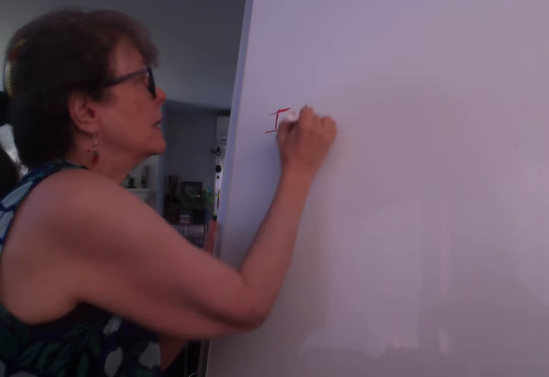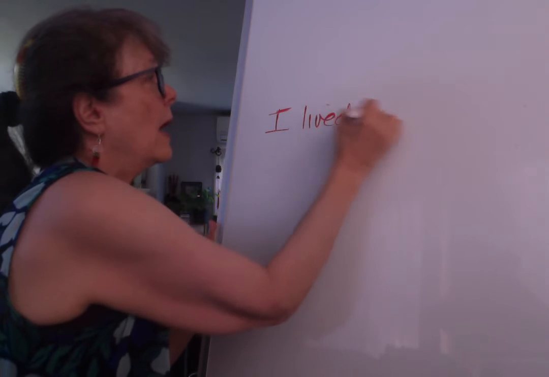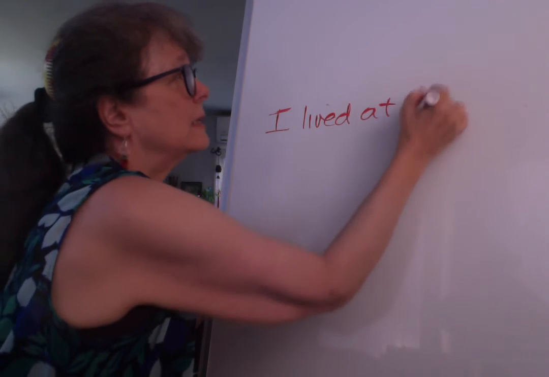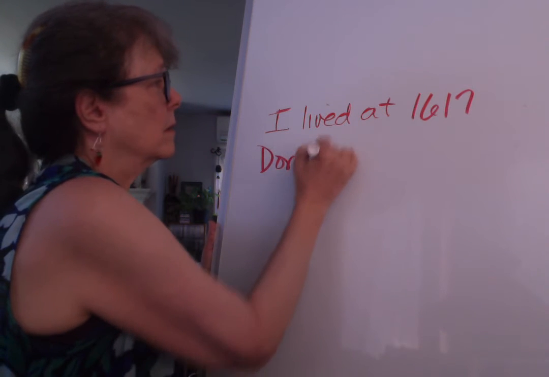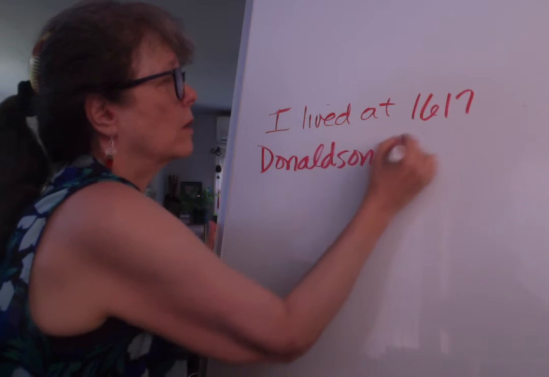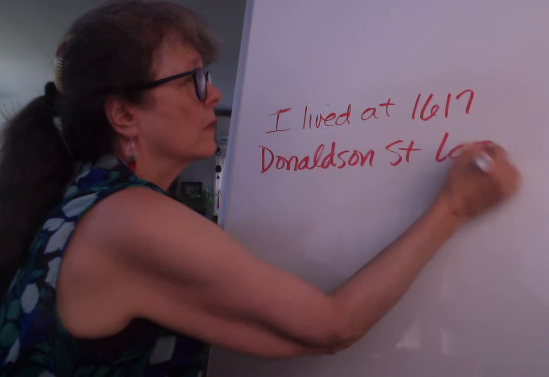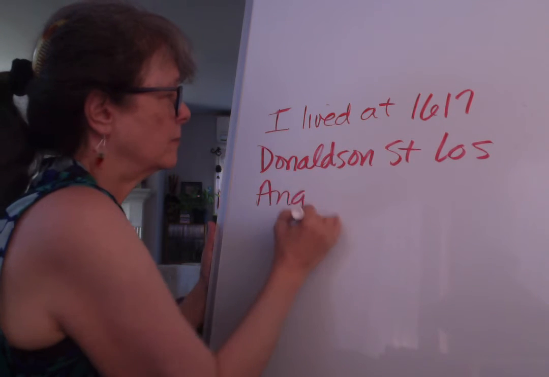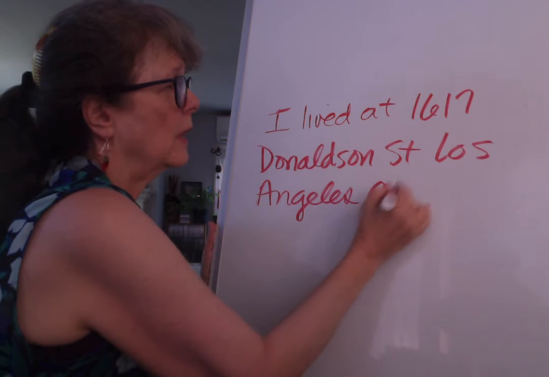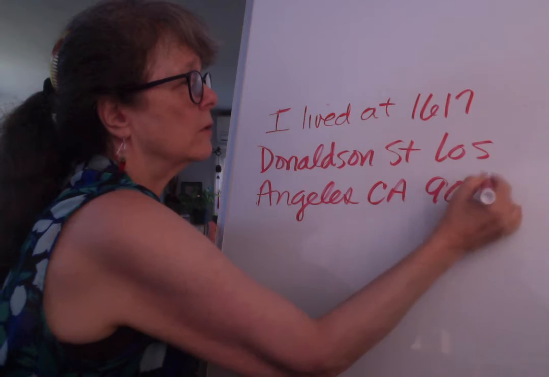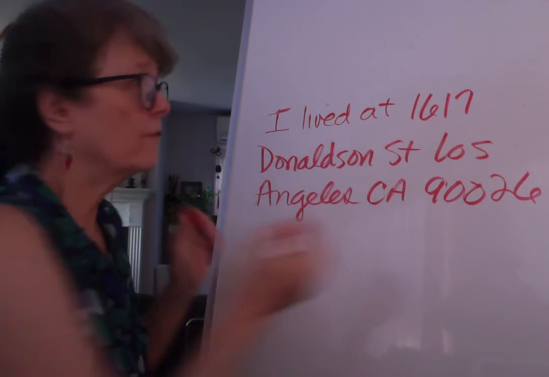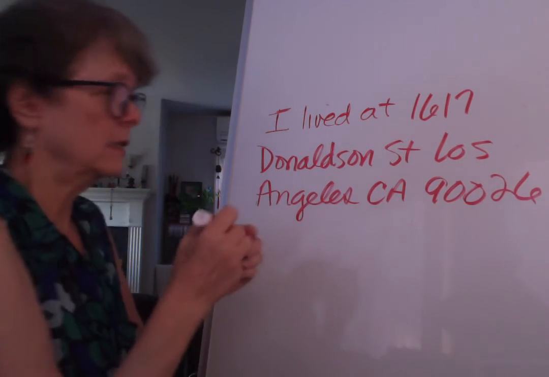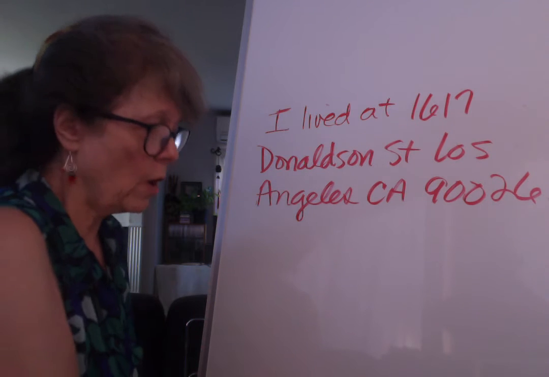So imagine we're writing an address in a sentence. I lived at 1617 Donaldson Street, Los Angeles, California, 90026. If I were writing that in a sentence, where would I need to put commas?